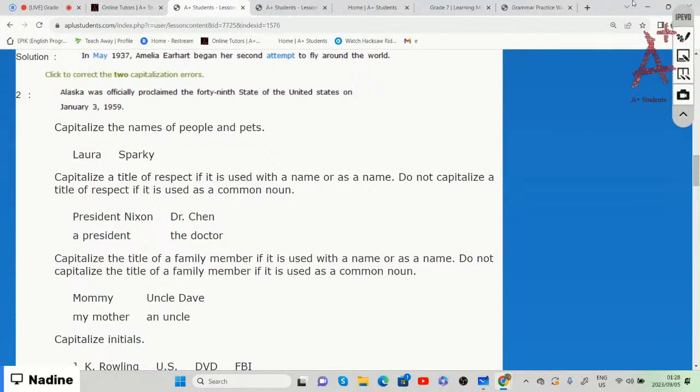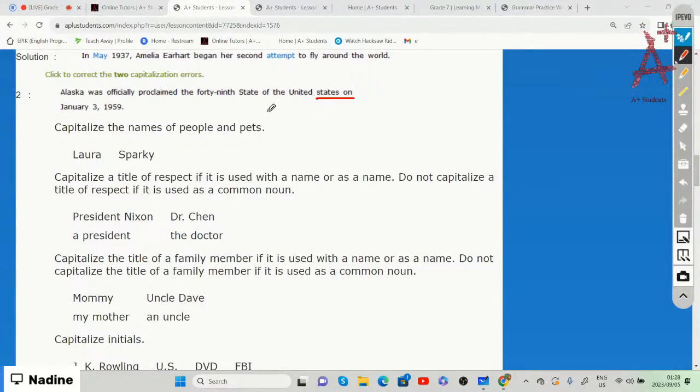All right. So we have states. So United States, it's capital letter S. And we also put this one, which needs to be small letter state, right?